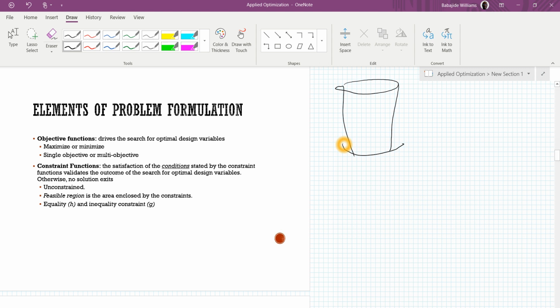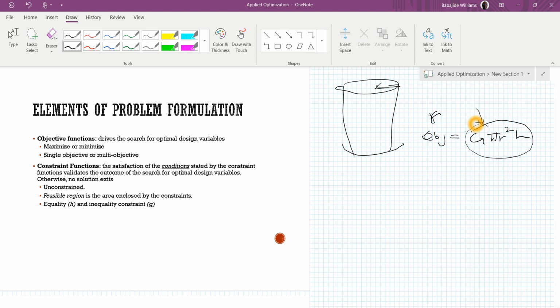So maybe we're trying to minimize the cost, and the cost is related through this objective function that says C is pi r squared h, for example. We're trying to find the value of r that will minimize this. So now this expression here is the objective function, okay?